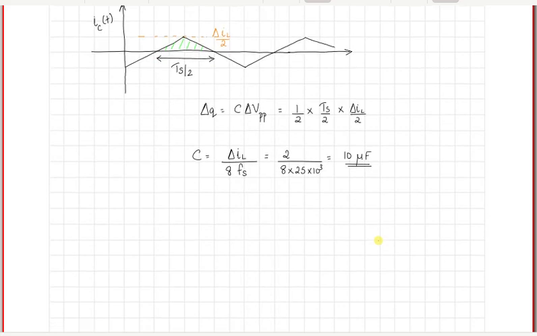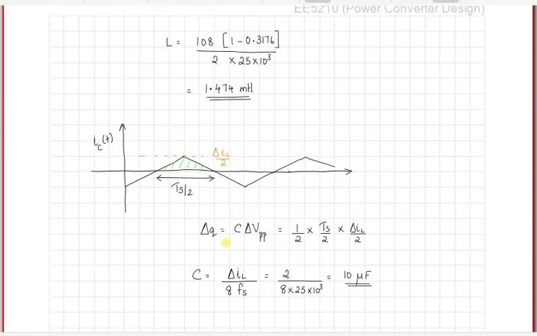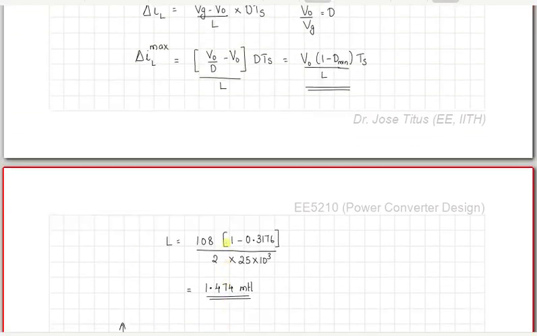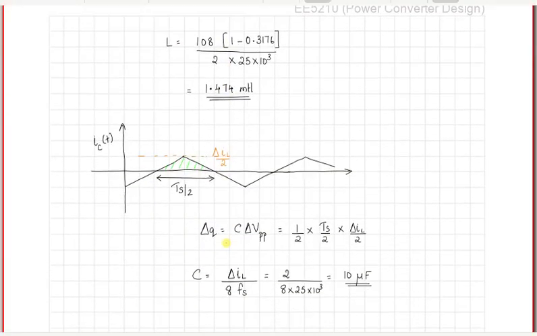Okay. So that completes the design for this converter operating in CCM. You have calculated the L values and C values.